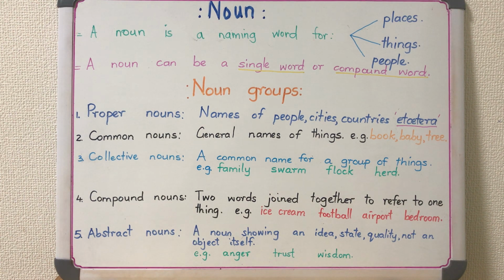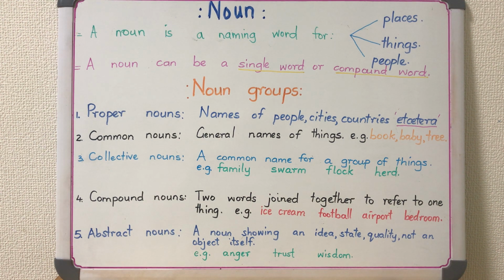Today, like I promised earlier on in my previous video, when we were looking at the 9 important parts of the language, I promised that I was going to come back and look at each in greater detail.